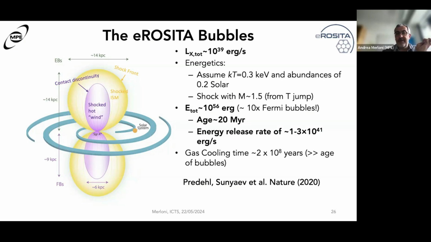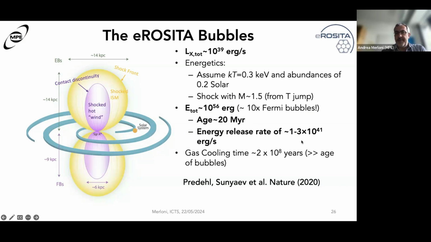If you take some basic measurement of the temperature of the ISM that we had from XMM-Newton before, and now also from eROSITA, you can derive an energetic of about 10^56 ergs needed to inflate this system of bubbles, and an age which is very uncertain, but must be at least a few million years, up to about a few tens of million years.